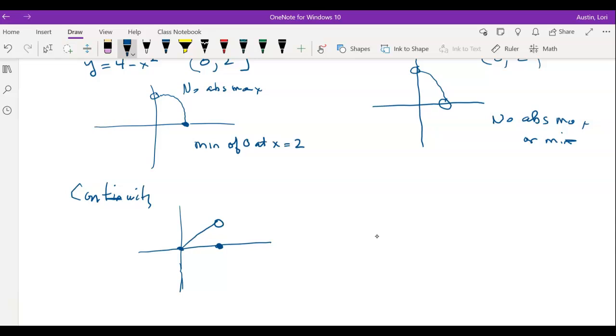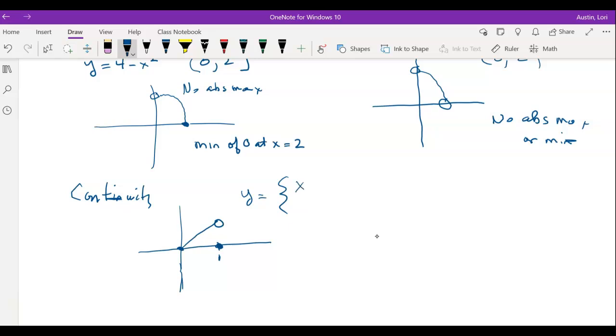Let's just call this 1. We'll put some numbers in there. It is defined on that interval. And if I were to write this function, it would be one of these things, right? It's a simple y equals x.